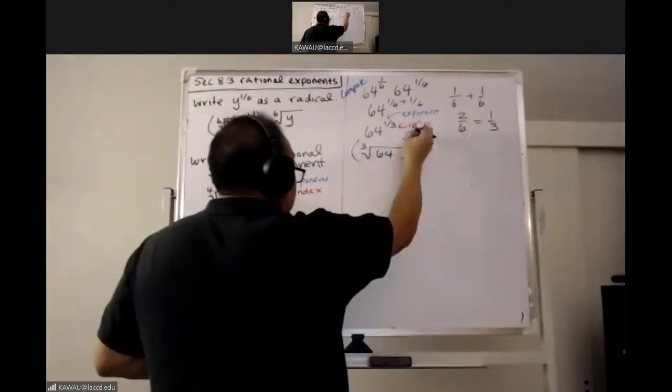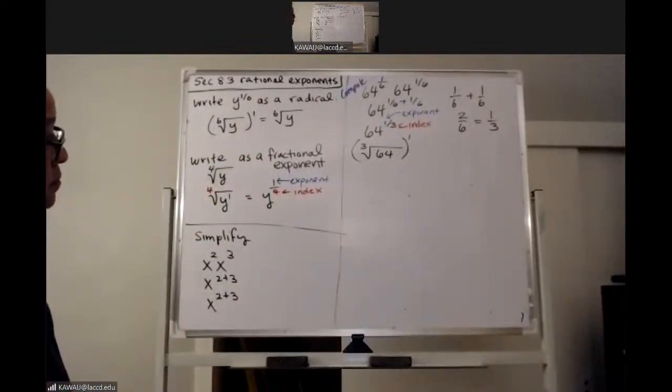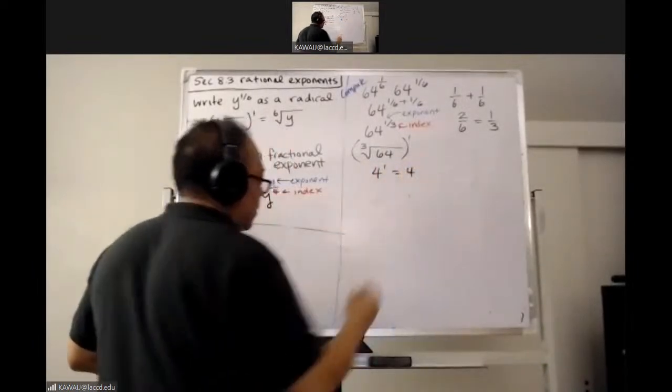Then we get the 1 over here. So then that is 4 to the 1 is equal to 4.